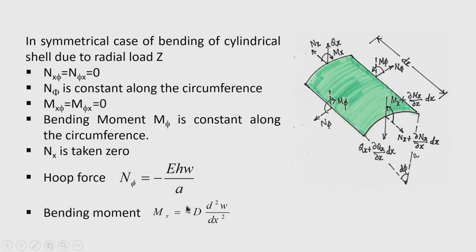Here D is the flexural rigidity of the shell, and you can find the similarity with the beam bending equation, but in beam bending E I was the flexural rigidity. Here the flexural rigidity will contain the Poisson ratio term also. So, D is equal to E h cube divided by 12 into 1 minus mu square.